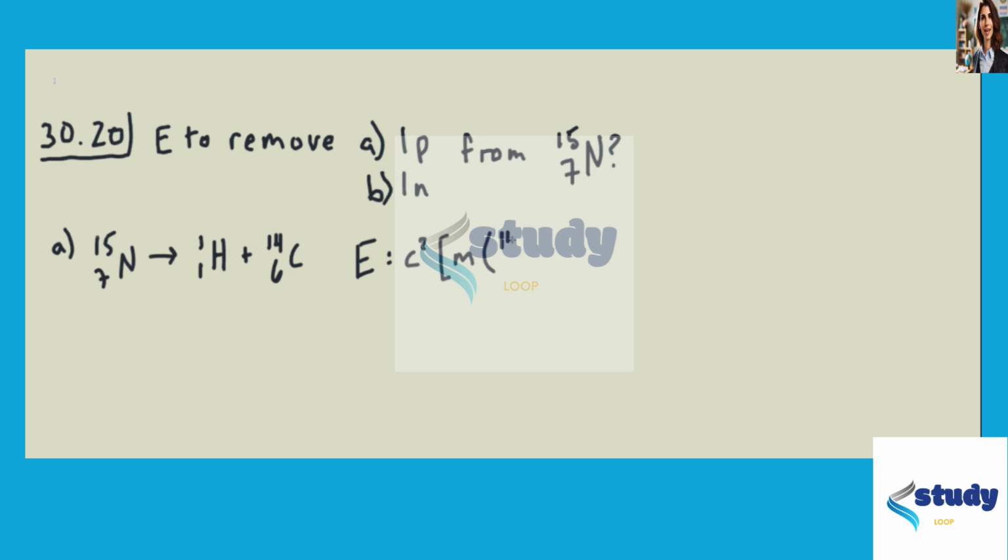So mass of our carbon-14 plus the mass of our hydrogen, and the difference of that with the mass of our nitrogen. And so this is 10.21 mega electron volts.